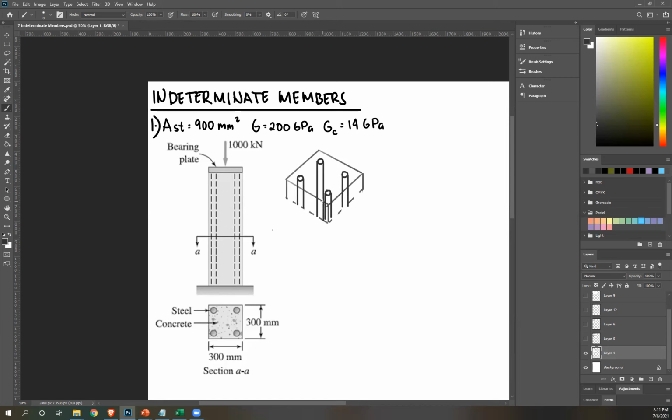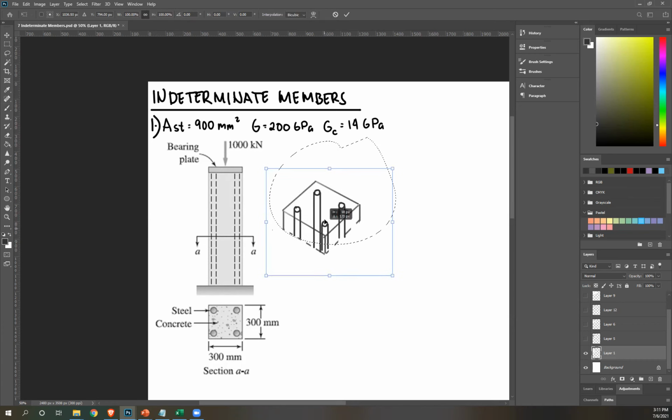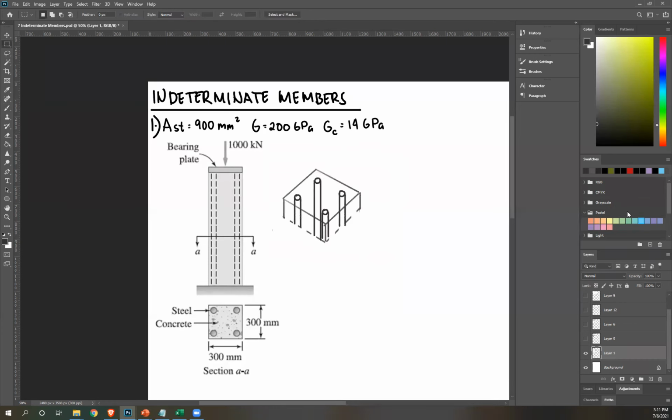This cross section is experiencing this 1,000 kilonewton load.